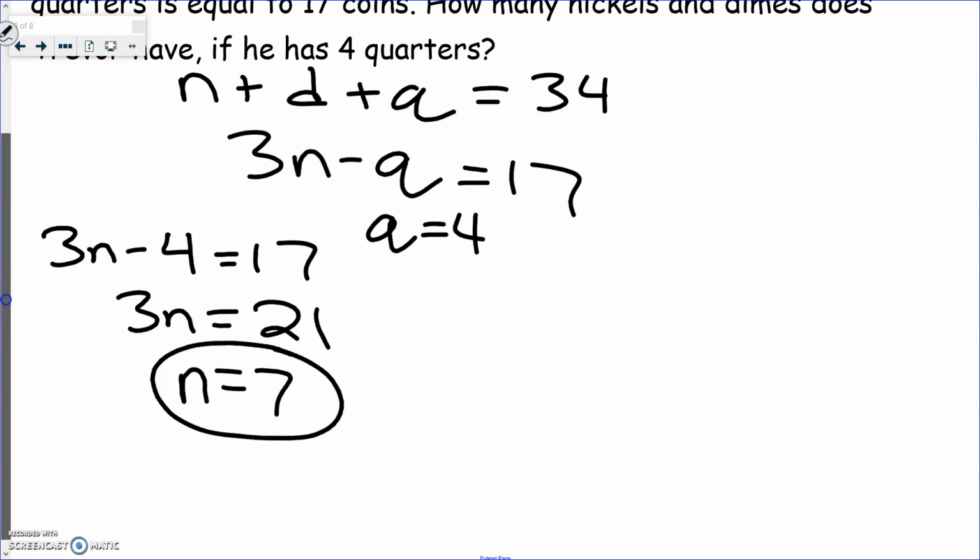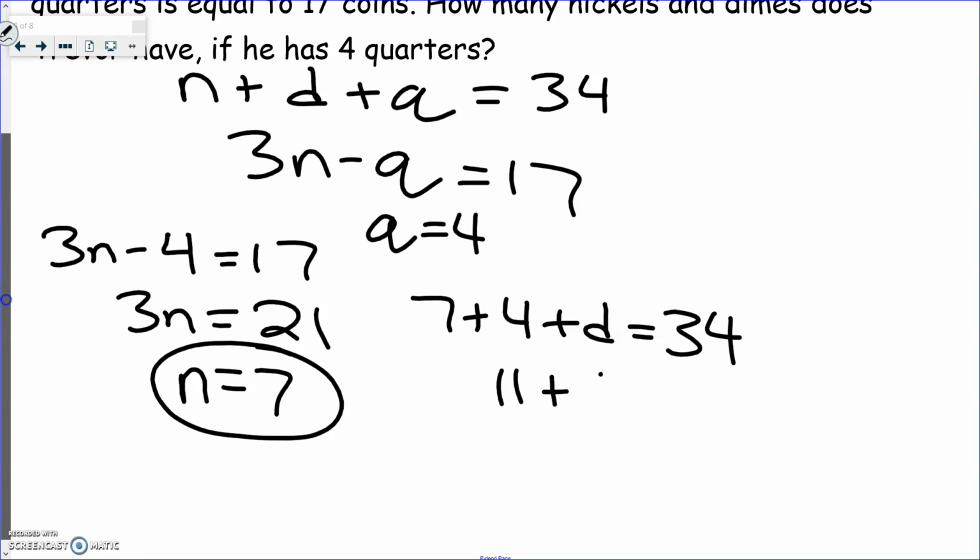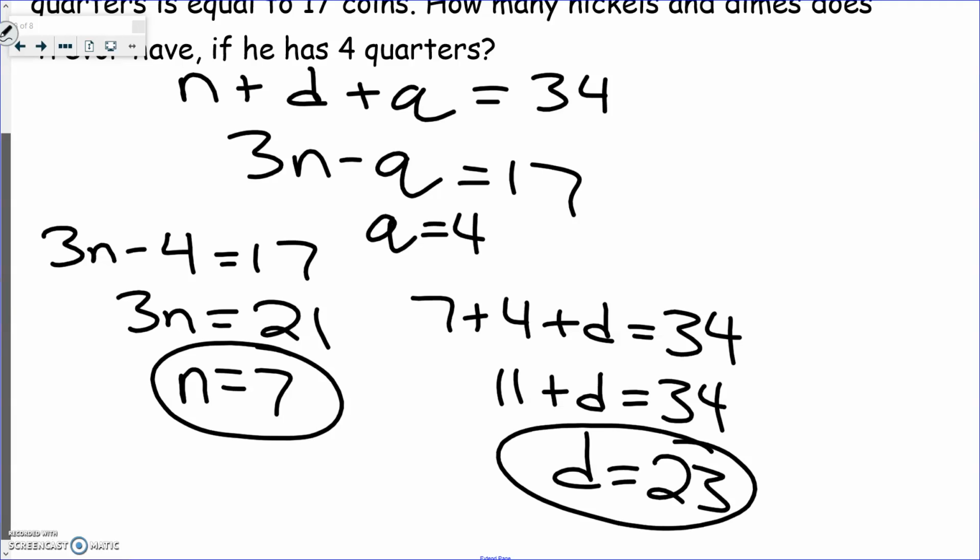I have 7 nickels. I have 4 quarters, but I don't know how many dimes. Okay? I add those 2 together. I get my 11, plus my dimes is equal to 34. So simple, subtract your 11. So we should have 23 dimes.